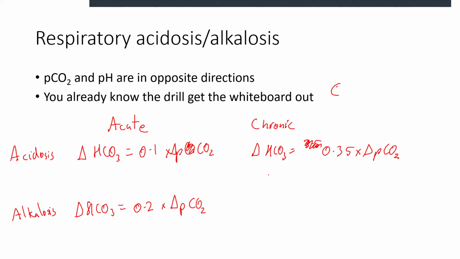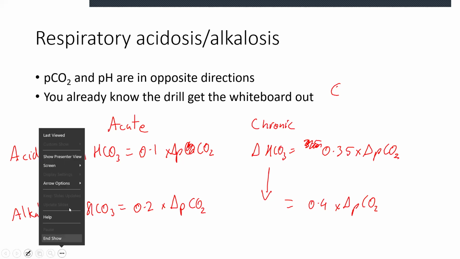And for chronic, it's going to be delta bicarb is equal to 0.4 times the delta PCO2. All right, let's not waste any time. Just go straight into the examples.